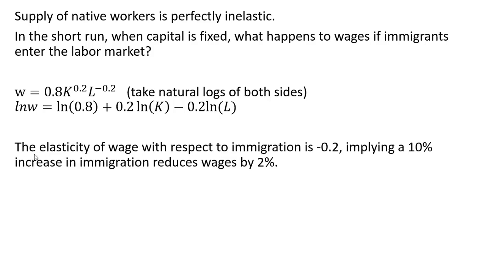And we can easily, in this double log form, calculate the elasticity of the wage with respect to immigration. And in this case, it's just this, minus 0.2, implying a 10% increase in immigration reduces wages by 2%. So that is the short-run effect on wages from an increase in immigration.